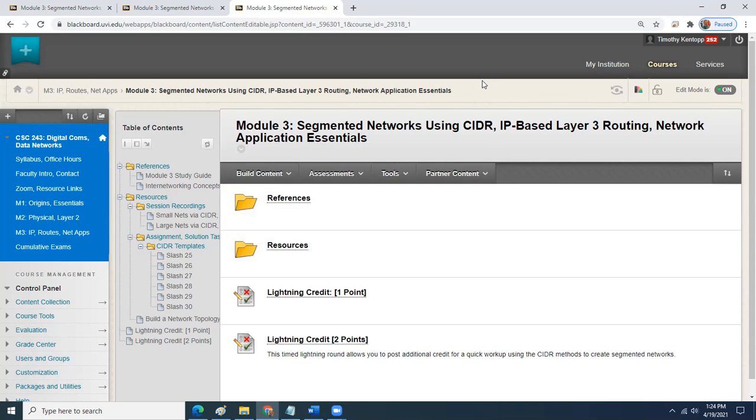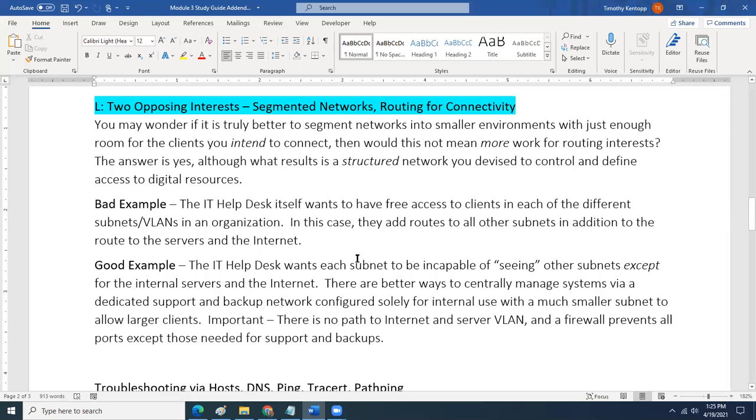So let's look at the conflict. What is actually happening when you do what you're supposed to do for CIDR and you have smaller, more efficient networks? That's a good thing in a mid-sized to large organization.